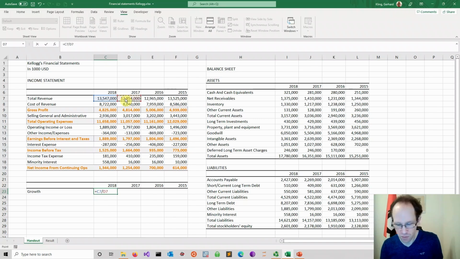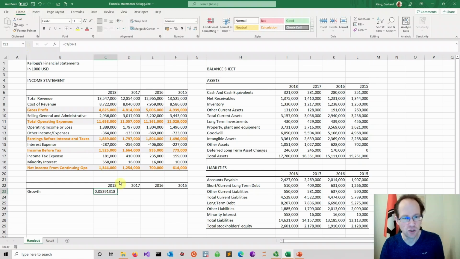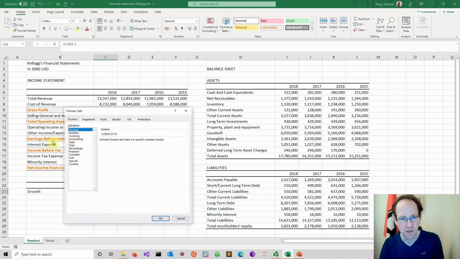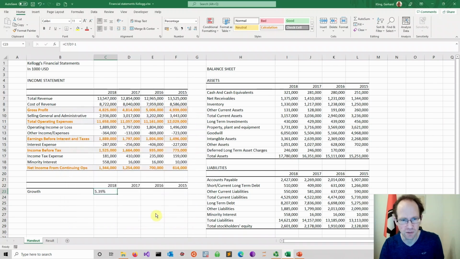So let me just run this like this, and we would see in this particular case a 5% increase. Again, we can change the setting and the format. So you learn a bit about Excel. You right click on the cell, do format cell. That's the best thing to do, and you go into percentage, and then you can modify it. I would say 2 decimal places is fine.